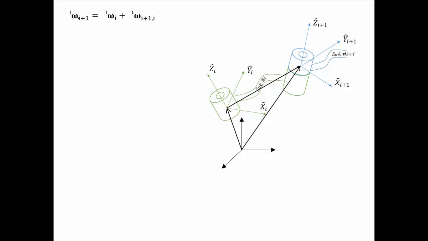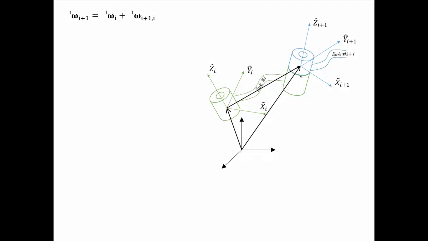All right, so in this case, it means that it's the angular velocity of this link, but because of I it means that it is to be transformed in frame I. So can we represent this in frame I? Yes. So the angular velocity of this is equal to the angular velocity of this link plus the angular velocity of this link with respect to this link, because this link impacts the angular velocity of the I plus 1.